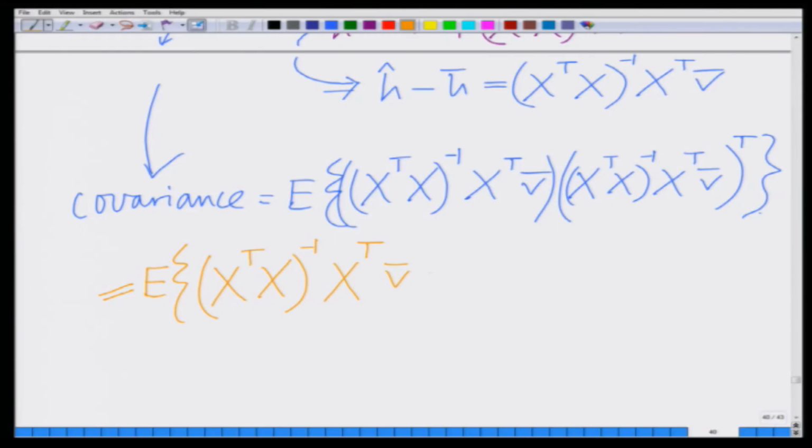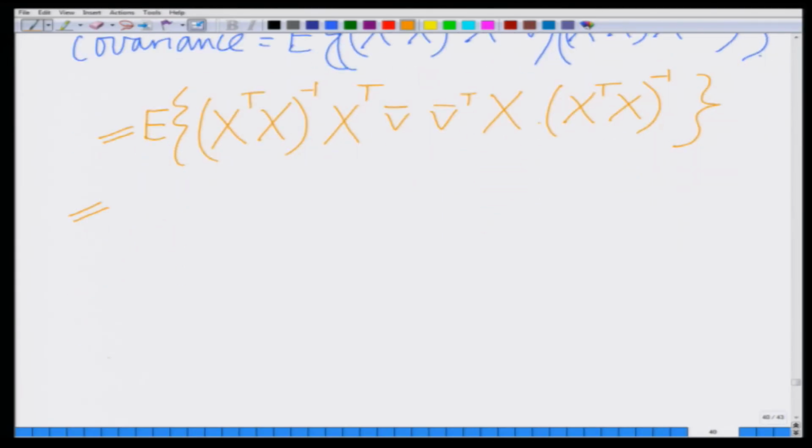The second quantity, the transpose of that, is V bar transpose x transpose transpose, which means (x transpose x) inverse transpose. Again, this is a symmetric matrix, and the inverse is also symmetric, therefore the transpose is itself. Now I can move the expectation operator inside.